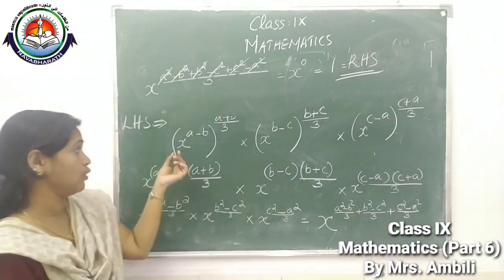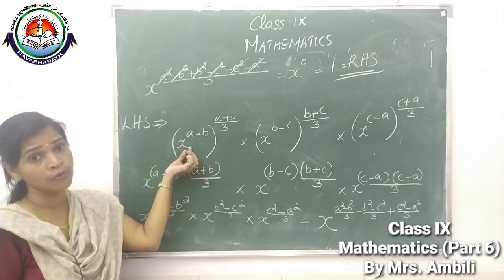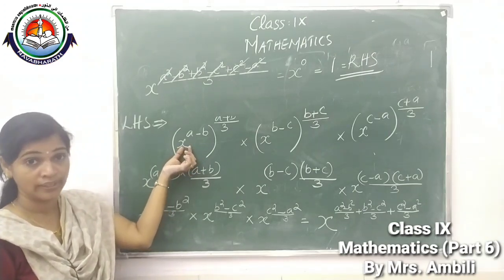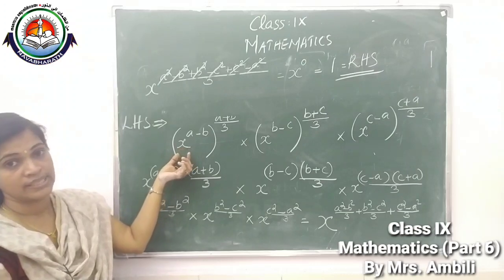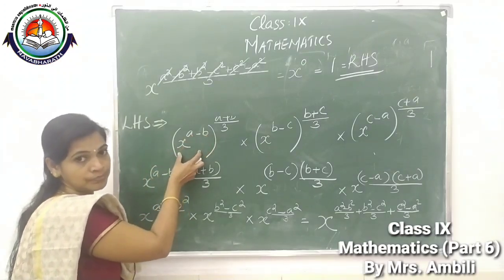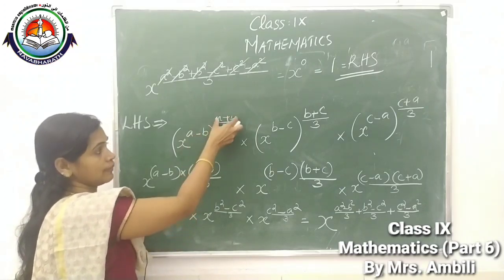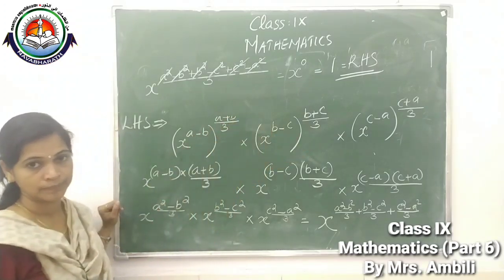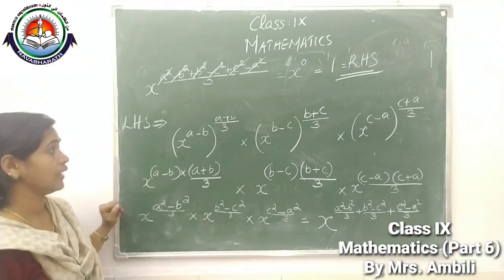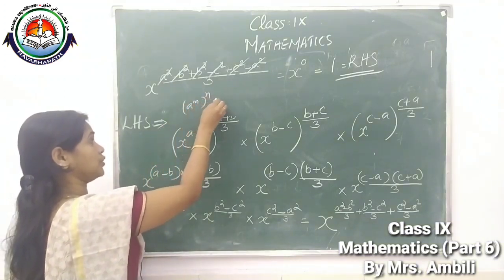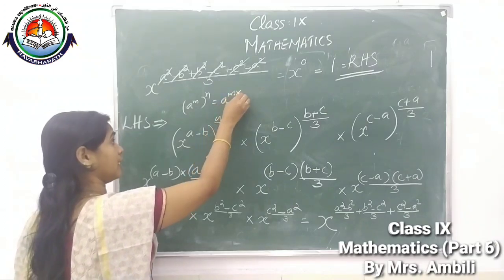In the first case, we used the law of exponents. That is a raised to m by a raised to n equal to a raised to m minus n. So, that we applied here. So, x raised to a minus b into all raised to a plus b by 3. Everywhere we applied. Isn't it? The next, a raised to m, the all raised to n equal to a raised to m into n.